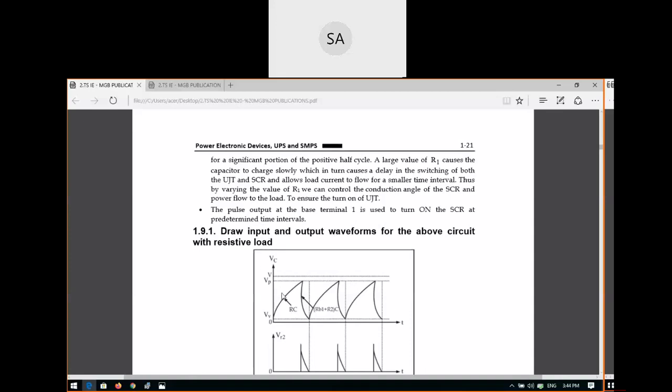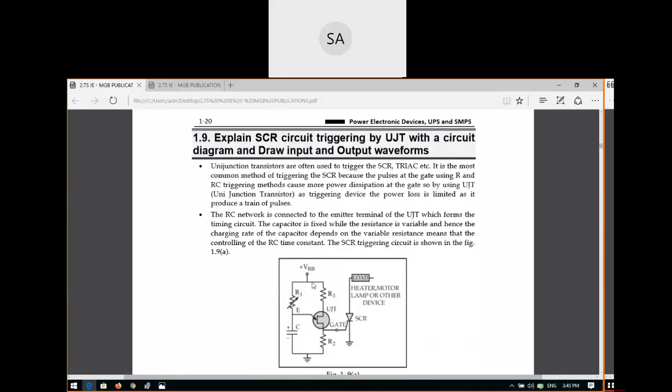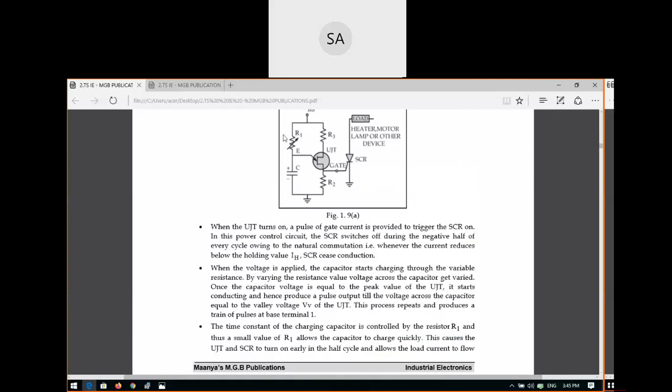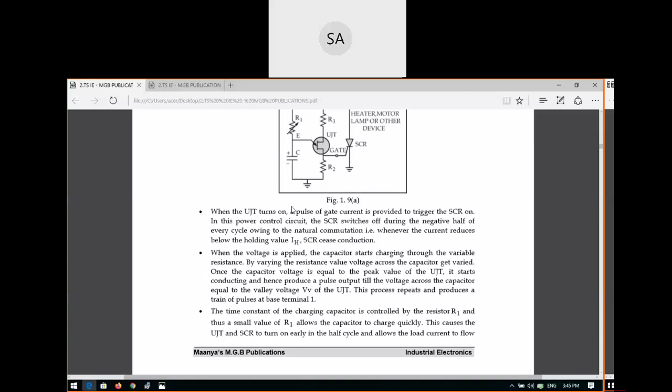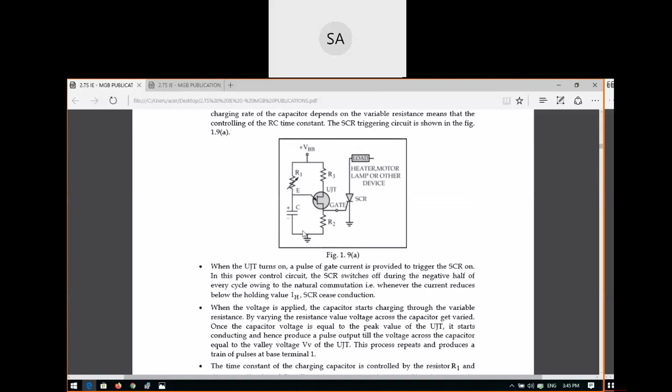VC is generated from the VBB, the DC supply voltage VCC. The time constant R1 into C decides the pulse width or the delay of turning on the SCR. How much time it will take to turn on and how much it will delay is decided by this R and C.